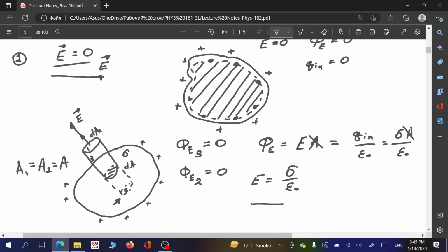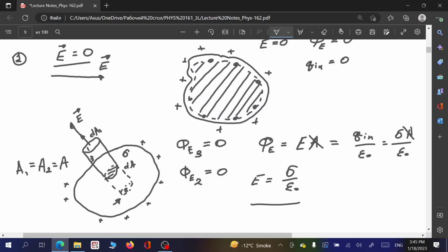So it's similar to a charged plane, but if you remember, we had a factor of 2 in the denominator for the charged surface.